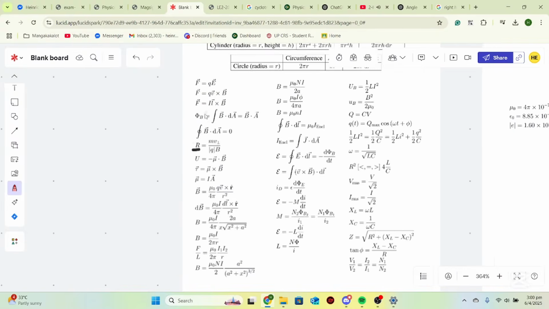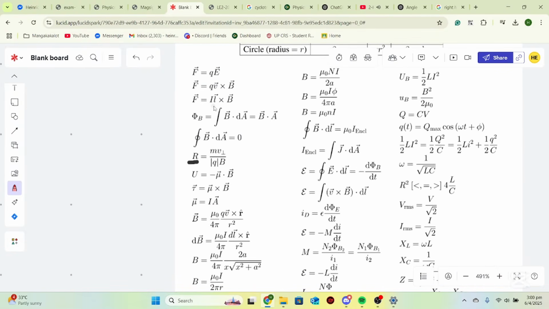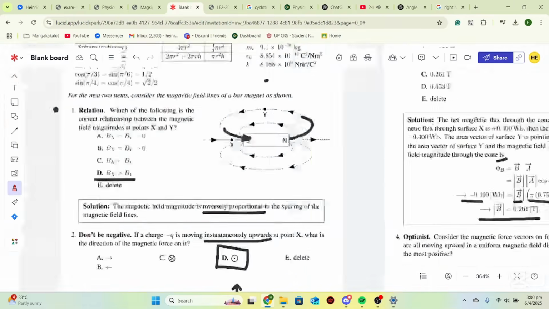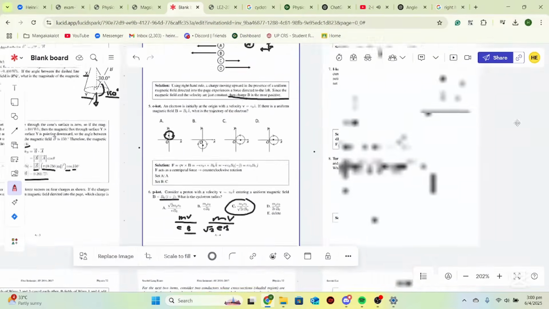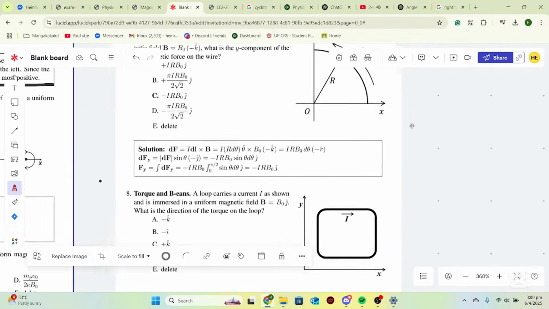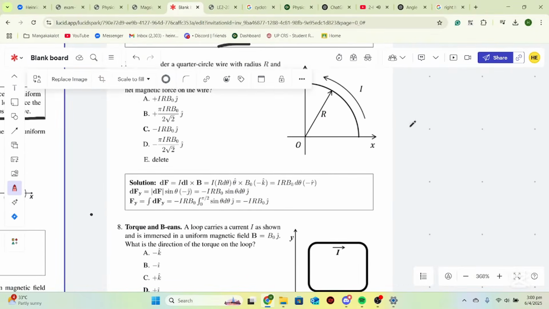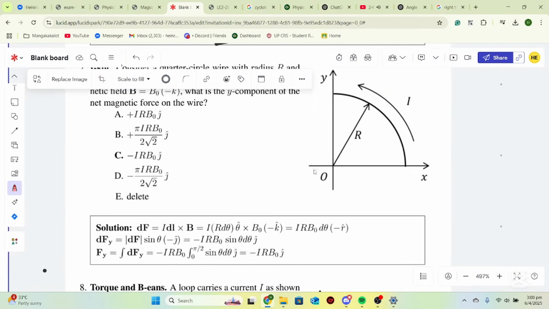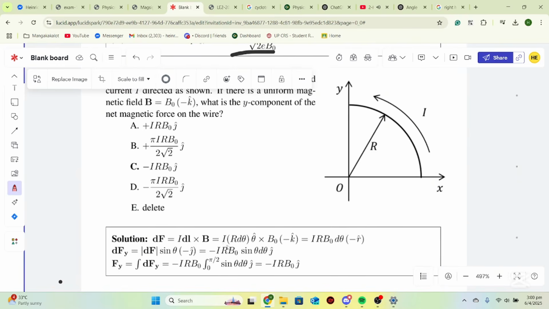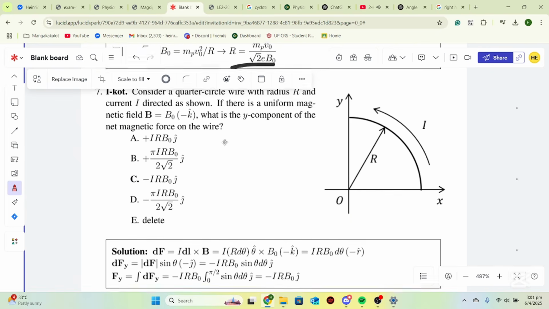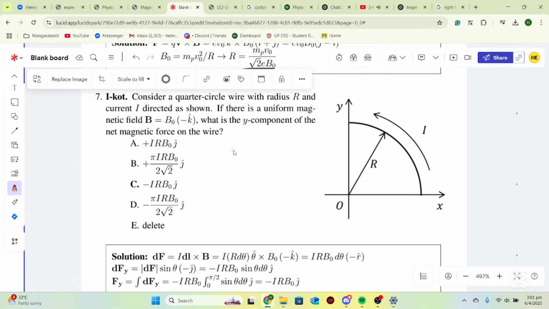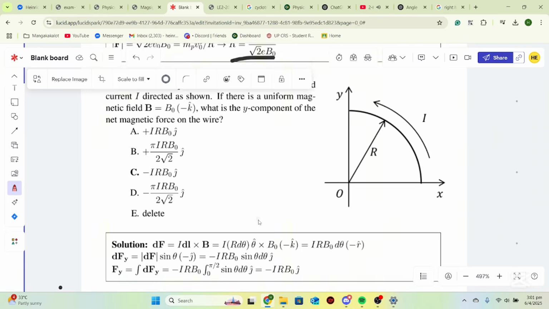So dF equals I dL B. And using that, we can plug this one in, which becomes I R d theta cross B, negative k. So B is negative k over here, and so we cross this.